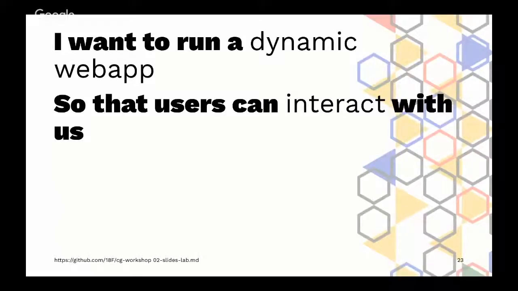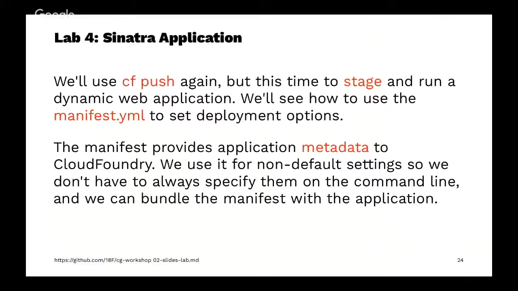Great, we've got a static site up. What we want is a dynamic web app so that users can actually interact with us. This time we'll use cf push again, but we'll change to a different lab directory to stage and run a dynamic web application. And you'll also see some of what's in the deployment descriptor file, the manifest.yaml, and the role that it plays.